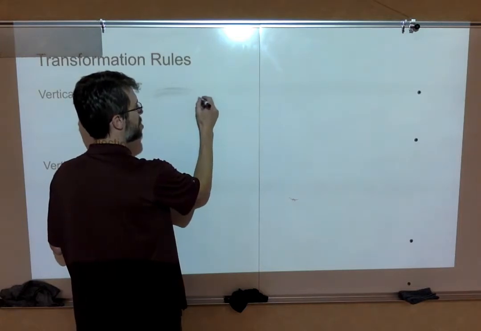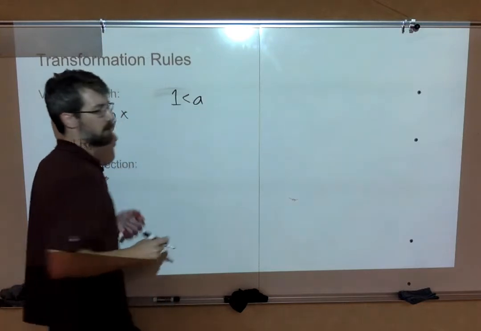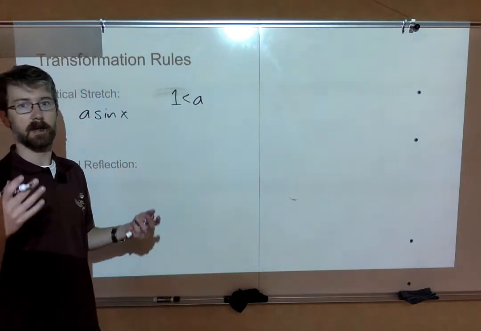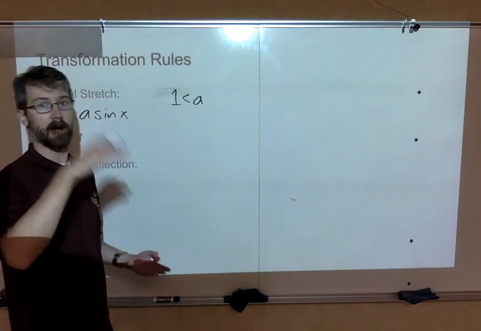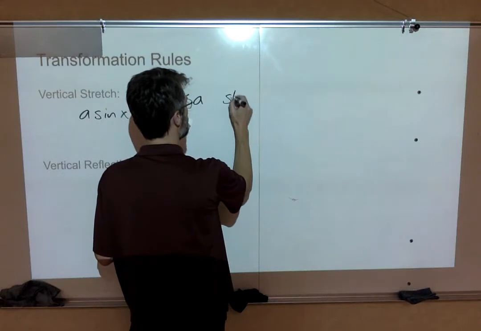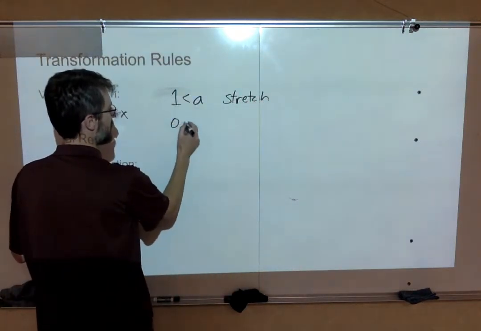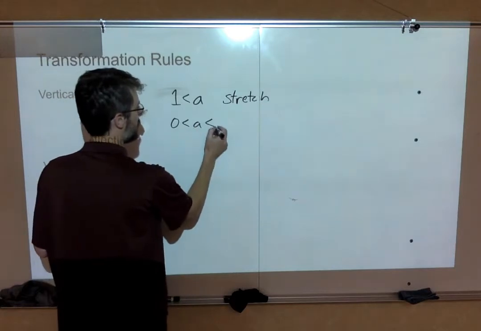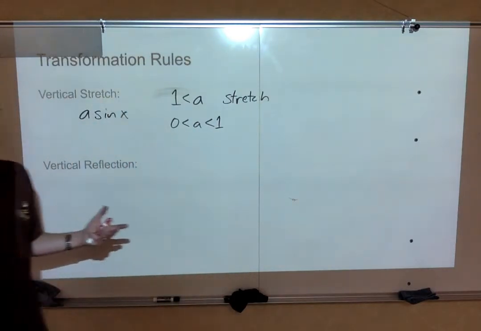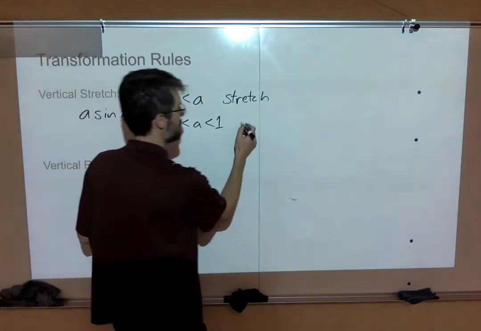If a is greater than 1, remember if you multiply something by a number larger than 1, the product is going to get bigger, right? So that is a stretch if a is greater than 1. If a is between 0 and 1, so numbers like 1/2, 1/3, 0.8, stuff like that, then it's going to get smaller, right? So that is going to be a compression.